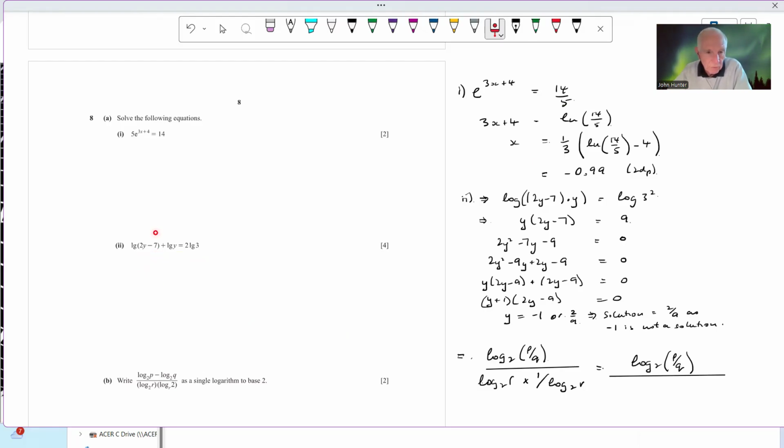If our values for y make the left-hand side equal the right-hand side, then it's a solution to the equation. So in this case, the -1 doesn't work, but the 2/9 that comes out of this factor here, that is a solution. So that's the solution to this equation. It's y equals 2/9.